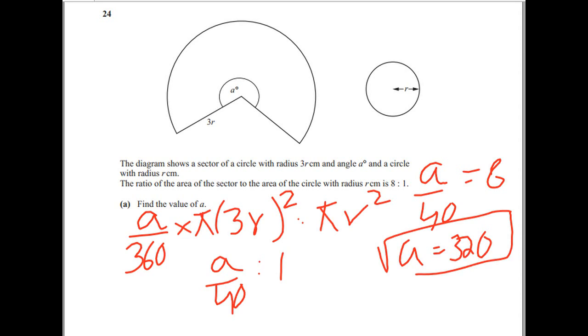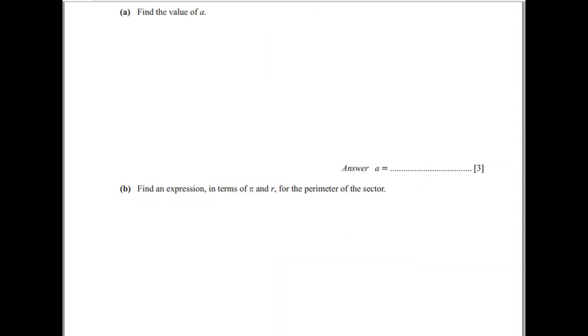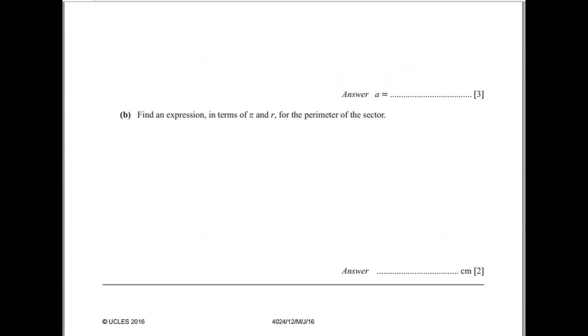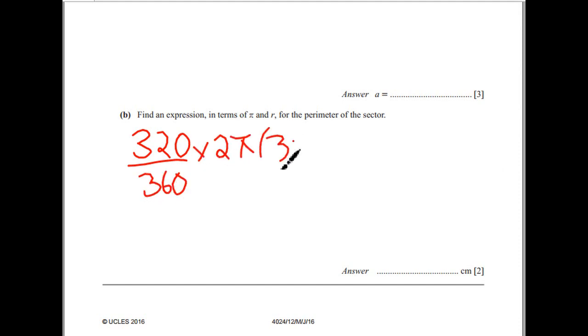Alright, clearing this for part B. In part B, find an expression in terms of pi r for the perimeter of the sector. So the formula will be theta, which is now 320 over 360 times 2 pi r. This is the formula for length of arc.